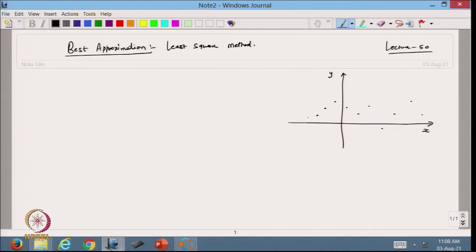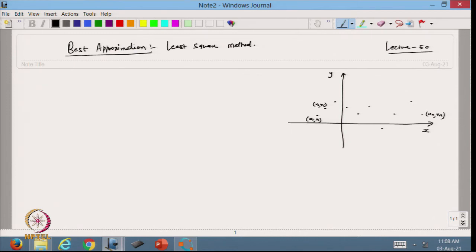So I can write this as the x1 y1 point, this is x2 y2, and in the end I have xn yn. So these points are random points that are given, and I don't know where they lie. They may lie on a straight line, or they may be spread over the given xy plane.